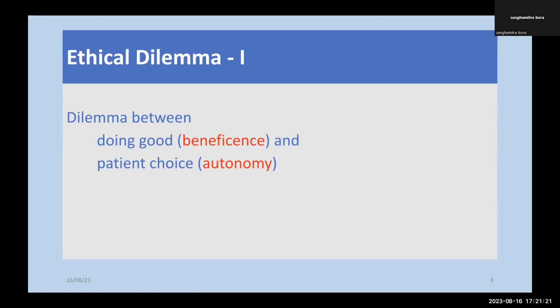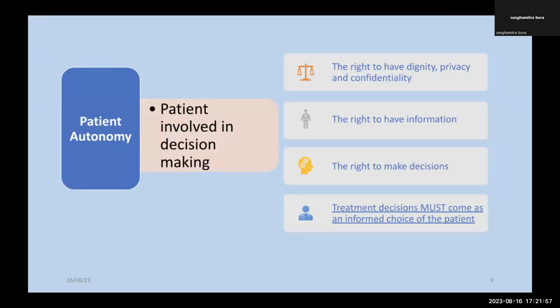But then times have changed, and we are professionals who are ethically bound to practice medicine on a scientific background, along with proper ethical principles. So here the dilemma is between beneficence and autonomy. When we talk about patient's choice or autonomy, let us just understand what it actually involves.